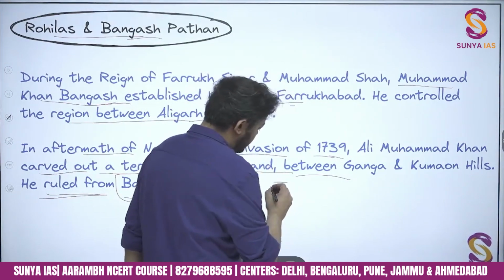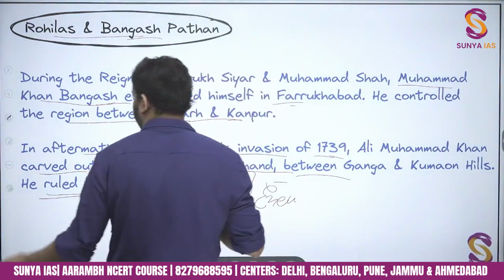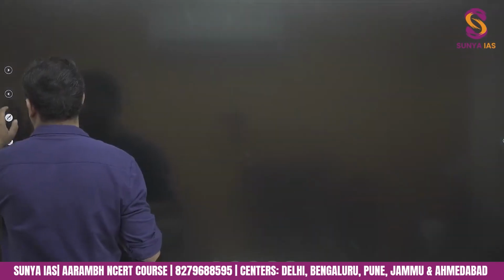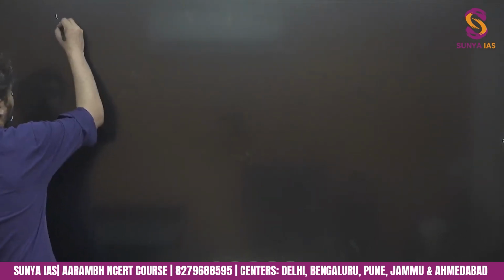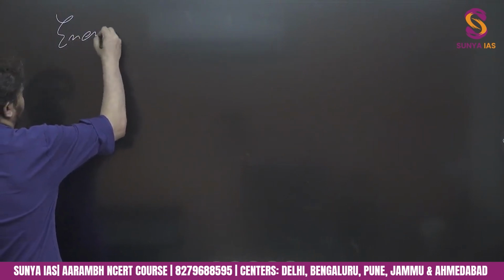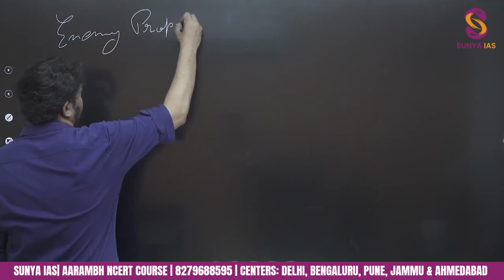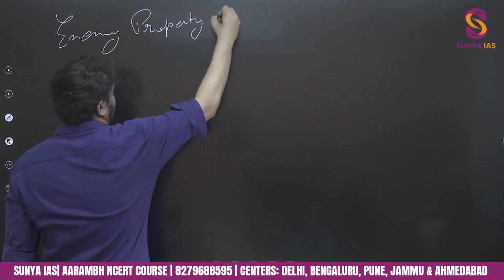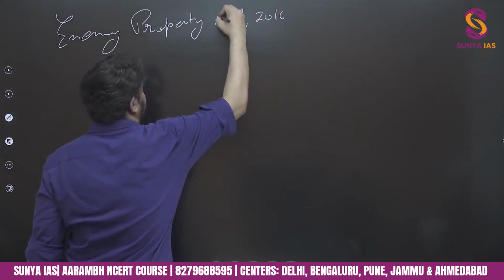You might have heard about the Enemy Property Act. If you haven't, make sure you do, because you have to know it for your polity. It was brought in by the Government of India in 2016.